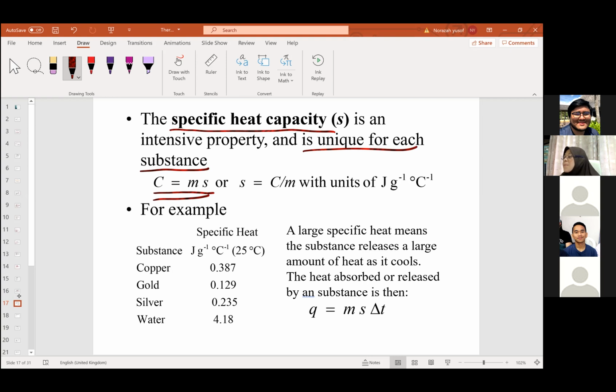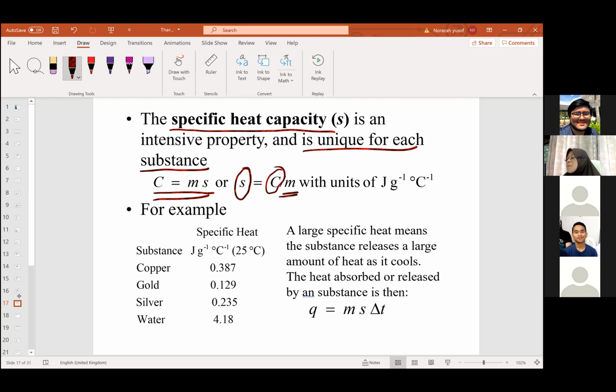So the symbol is S. Specific heat capacity is the heat capacity, capital C just now, over the mass of that particular material.